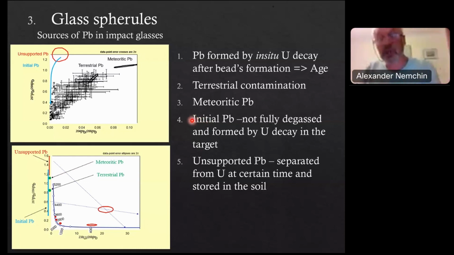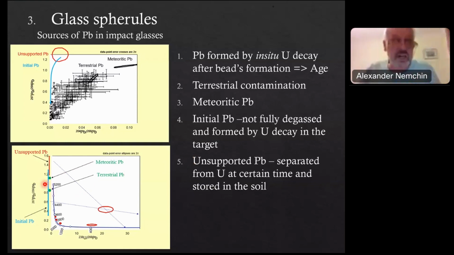And then what we call unsupported lead. We know from the early work on lead isotopes in soils that there is lead that was separated at some point from uranium and exists within the soil, and it can diffuse into glasses if there is close contact, so it's going to be slightly different in composition.